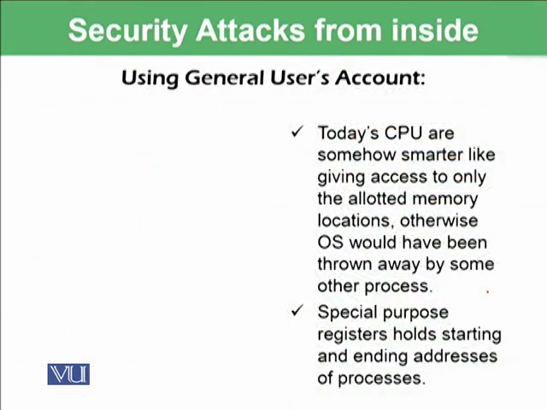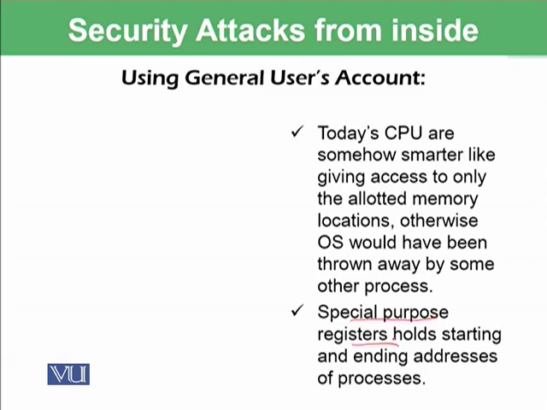For example, today's CPUs are somewhat smarter, and they give access to the allotted memory locations only. Otherwise, the operating system would have been thrown outside the main memory. For example, there are some special purpose registers.